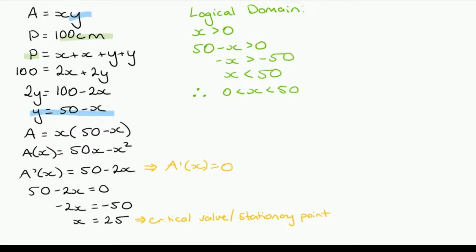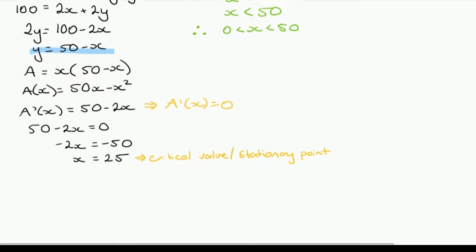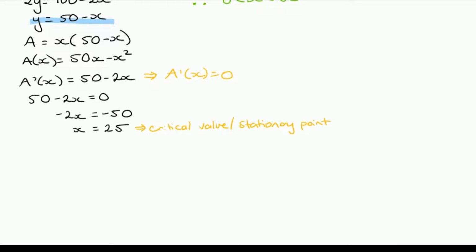So we need to see if this stationary point is a maximum or a minimum. And to do that, we need to create our sign diagram of my derivative function here.